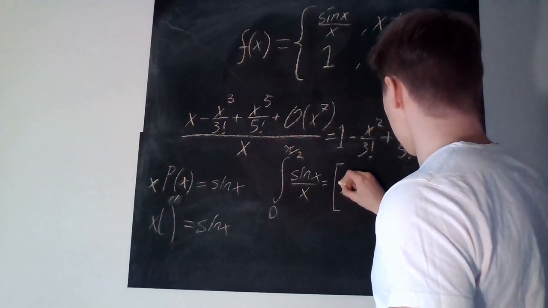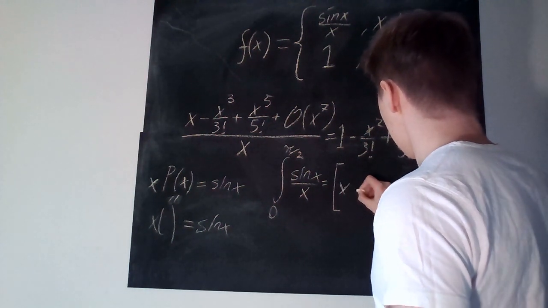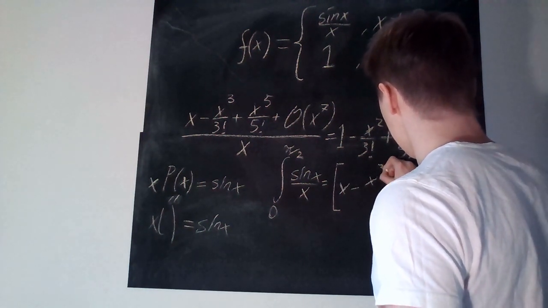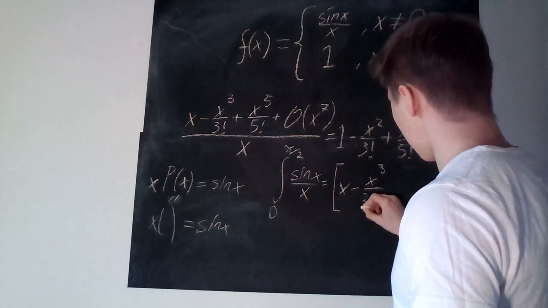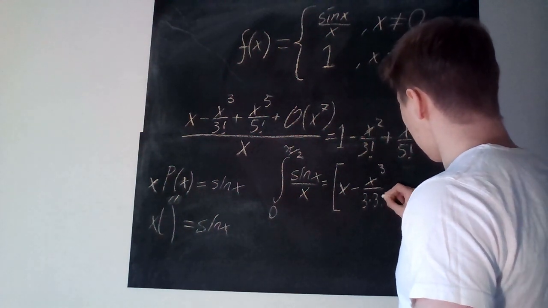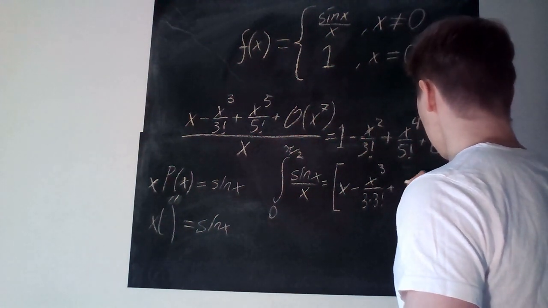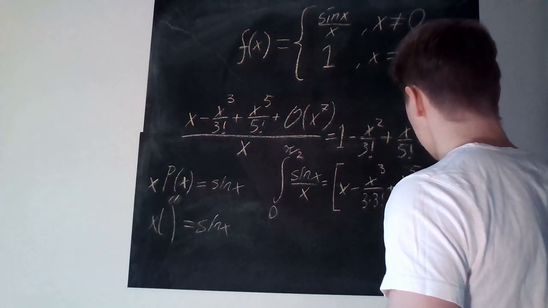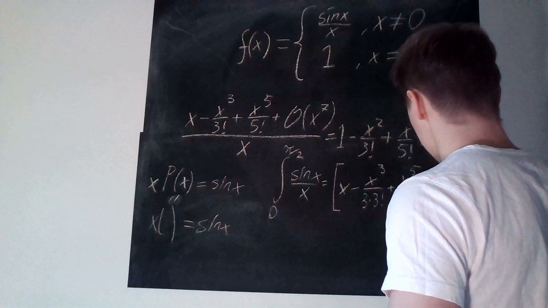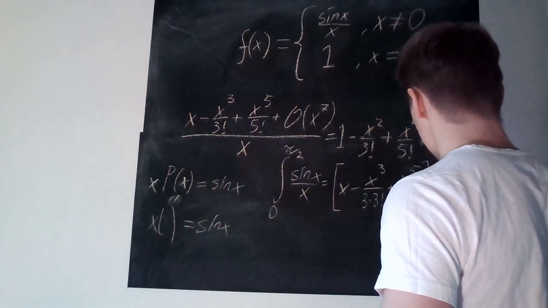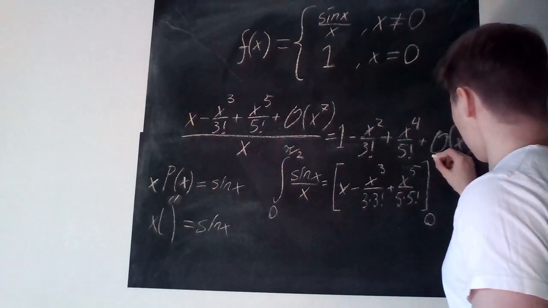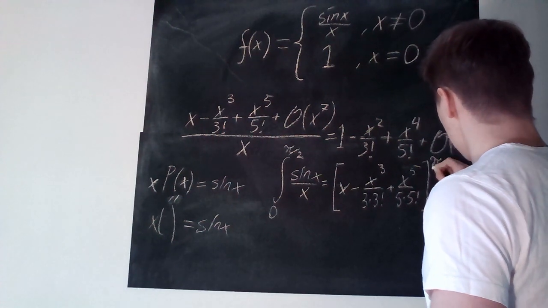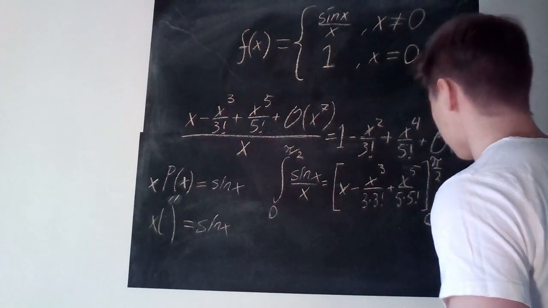So therefore we would get x minus x^3 over 3 times 3 factorial plus x^5 over 5 times 5 factorial from 0 to pi over 2.